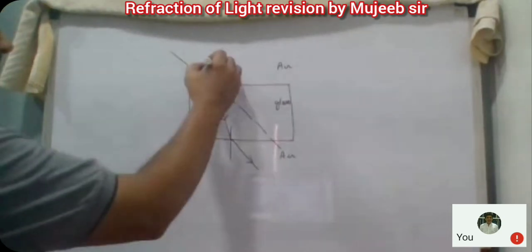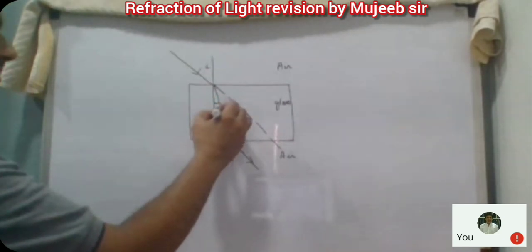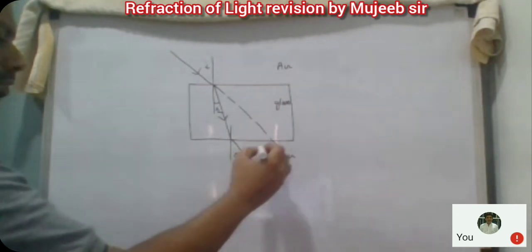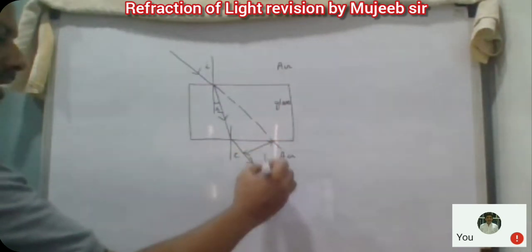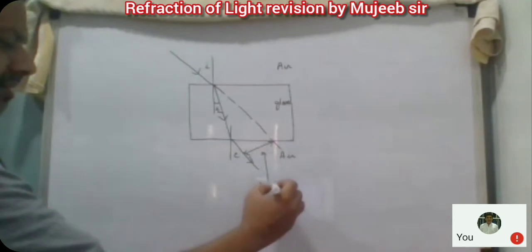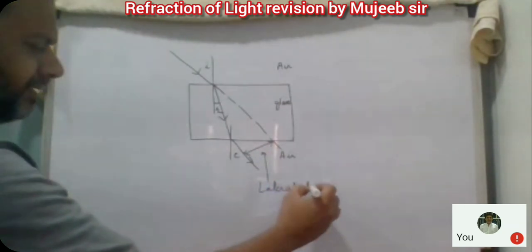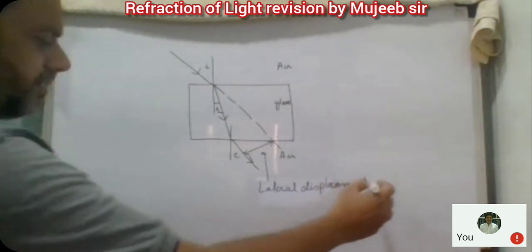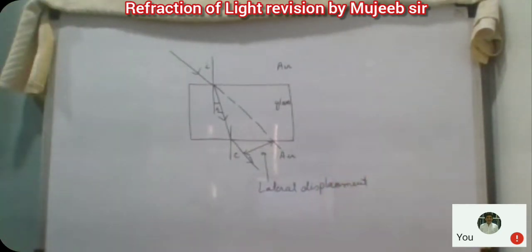So we have the angle of incidence, angle of refraction, angle of emergence. The distance between the two rays is called the lateral displacement.